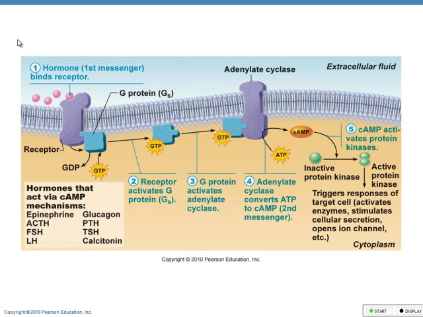Well, adenylate cyclase converts ATP to cAMP, cyclic AMP, good enough for me, and that's my second messenger. The presence of the second messenger is going to cause some changes within the cell, and it's going to activate proteins that are normally sitting inactive. That's going to change what the cell does for a living.